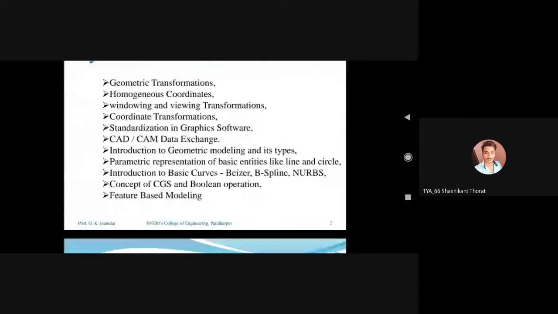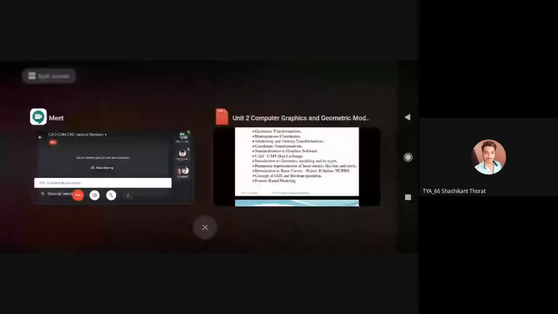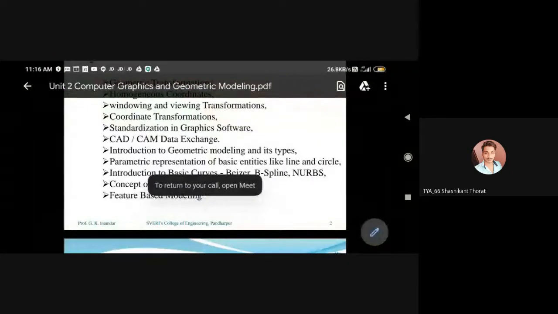Geometry transformation, homogeneous coordinates, windowing and viewing transformation, coordinate transformation, CAD data exchange, introduction to geometric modeling and its types, parametric representation of basic entities like line and circle, introduction to basic curves: Bezier, B-spline, NURBS curve, concept of CSG and the Boolean operations, and feature-based modeling.